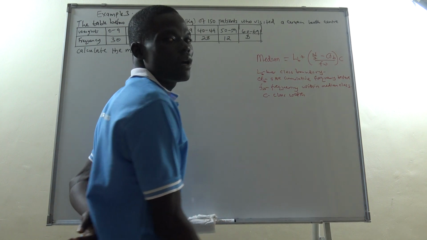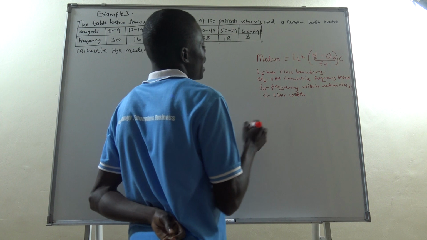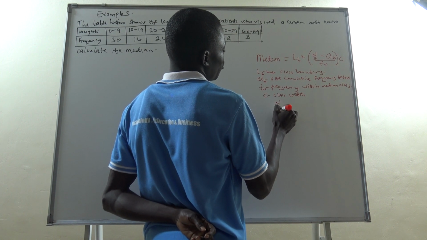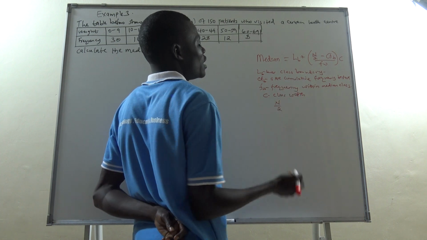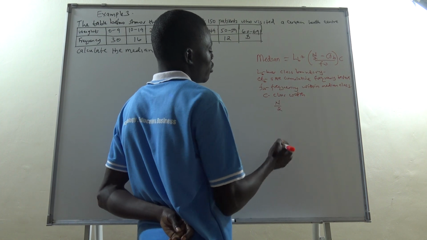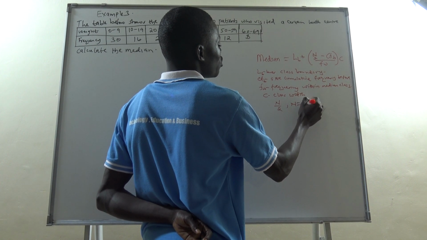Then we say the only way we can identify the median class is by getting our n out of 2, and then we locate the value on the cumulative frequency column. But we said also that our n is the same as summation of f.